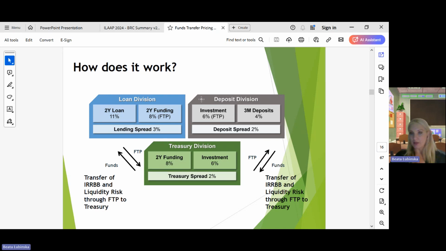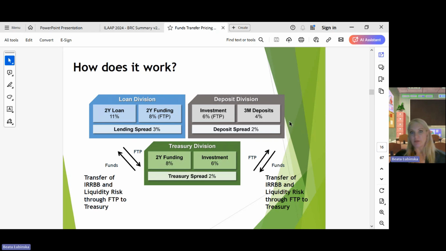At the same time, on the liability center, we have a similar situation but with the opposite sign. So the deposit unit is originating a 3 months deposit. Let's imagine this is an example. And let's imagine the cost for this deposit is 4%. So we are paying the depositor 4% for a 3 months deposit.